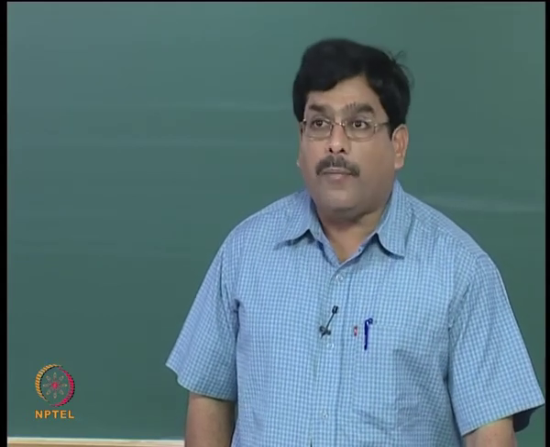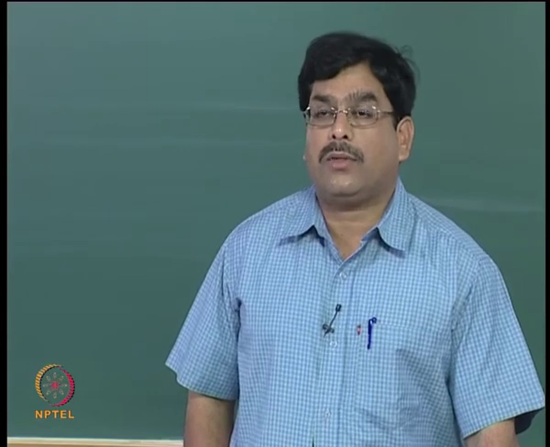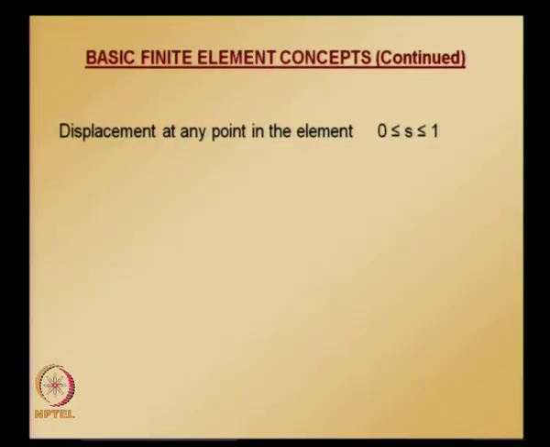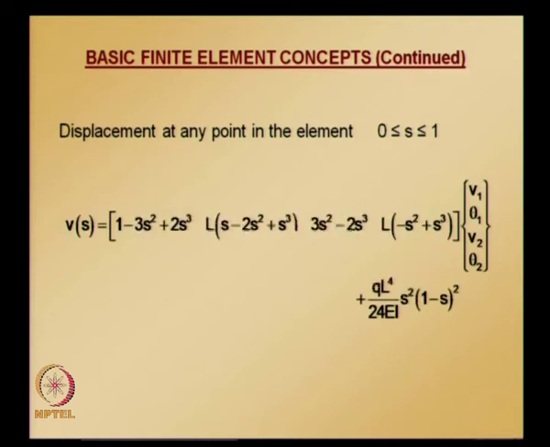So here it goes like this. For displacement at any point in the element, you have two terms. The first term is what you do by using the nodal values V1, theta 1, V2, theta 2, and interpolating using finite element shape functions. To that you are adding the second term.